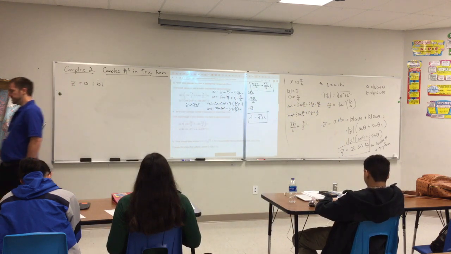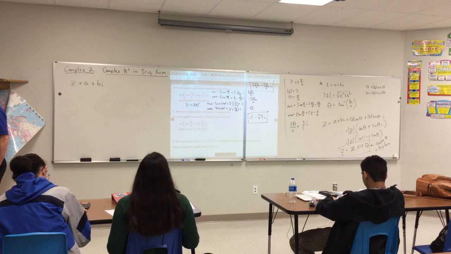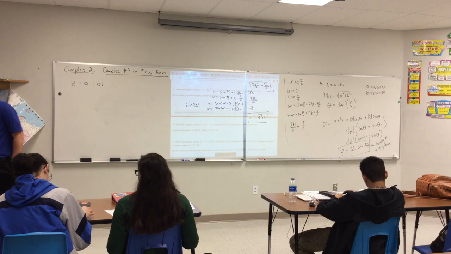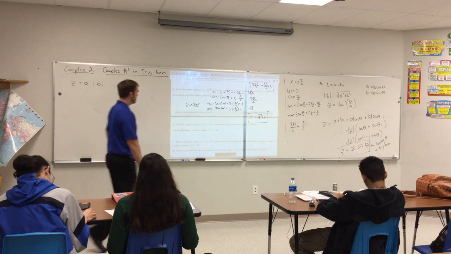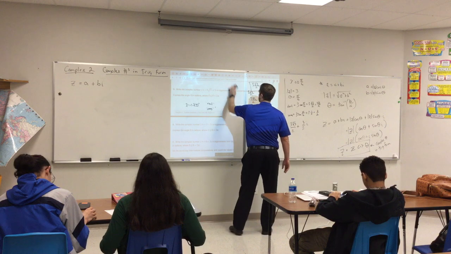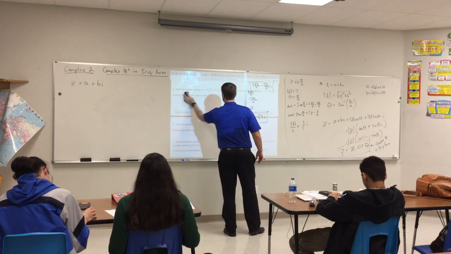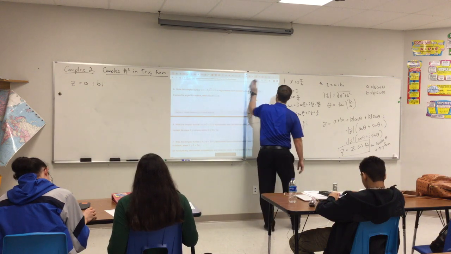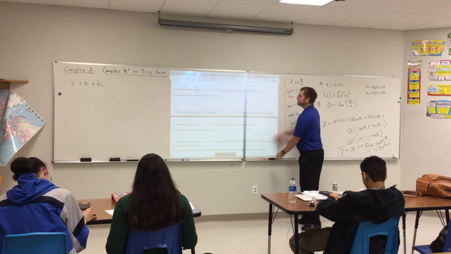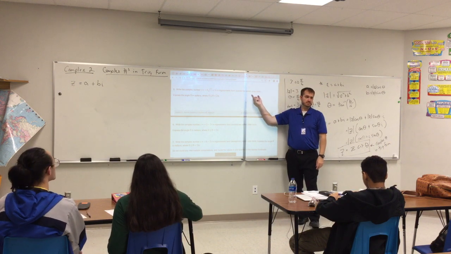Robert, what's different about number 5? It's in rectangular form, and we've got to convert it into trig form, sometimes called polar form.